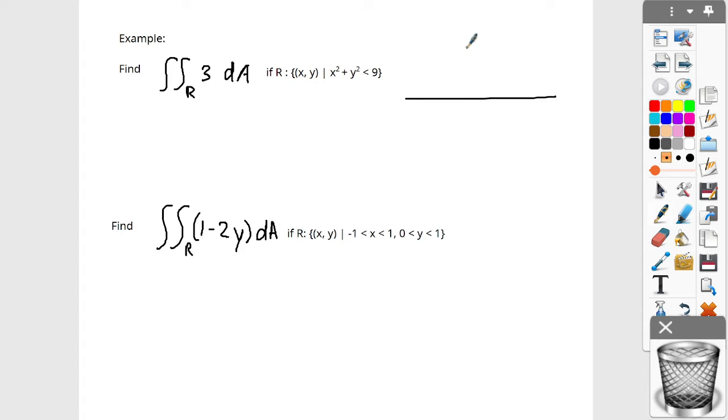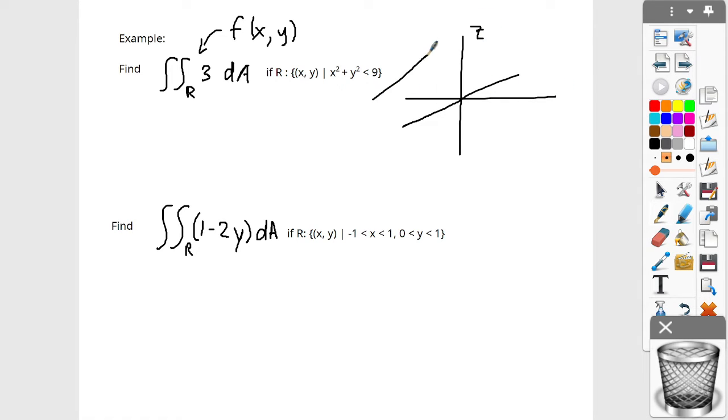So what is 3? 3 might just seem like a random number, but 3 is f of x, y, right? And when we do interpretations of this in a graph, what we want is to set z, the dependent variable, to be equal to f of x, y.